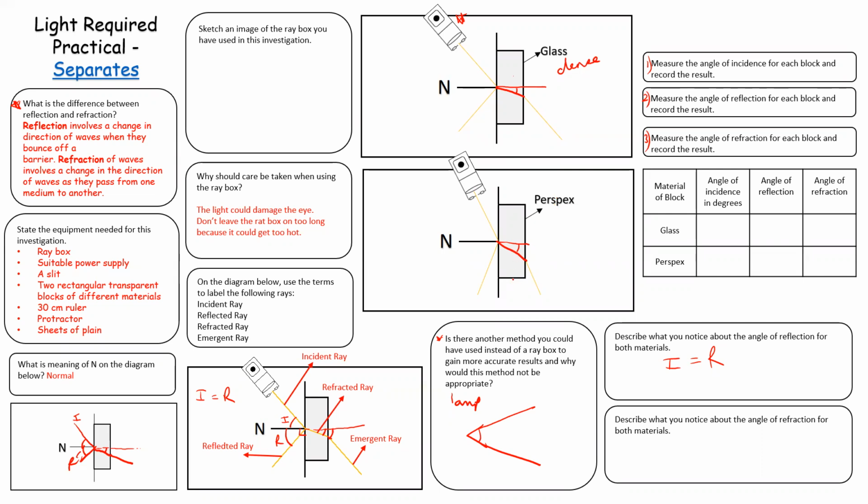Perspex is less dense, so there's less change in the angle of the light, basically. That's what you'll be needing to answer and evaluate. So the more dense, the less angle is done.